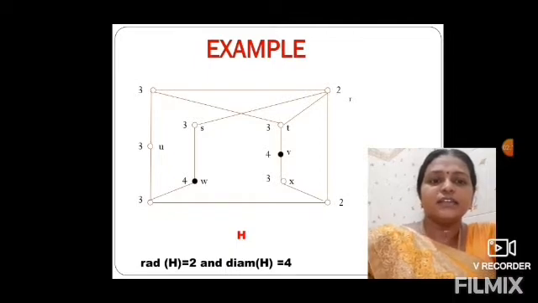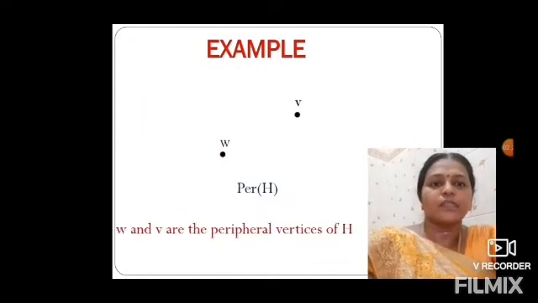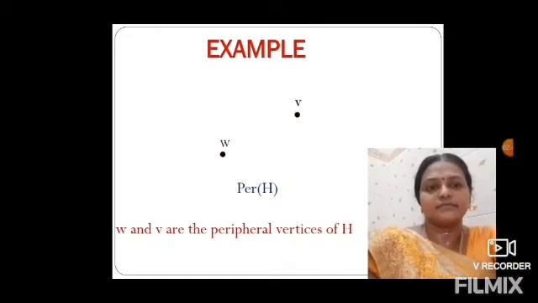You could see the two vertices W and V. They have been darkened. Now in this example, if we calculate the periphery of H, this is the subgraph induced by W and V. So W and V are the peripheral vertices of H. Of course, the graph is disconnected.